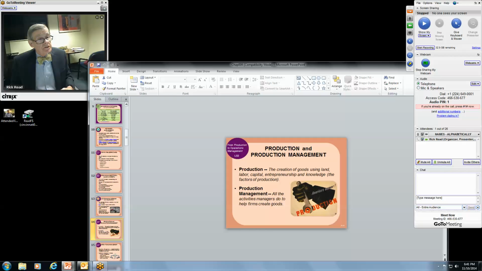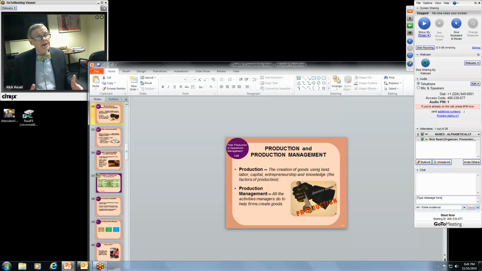Now, what this tells us here today, we've moved from production management to operations management. So production, we use the 5 factors of production, land, capital, entrepreneurship, knowledge, etc. And we did all those things. We put all those things in to create goods, product, to manufacture them. And that's what we did.